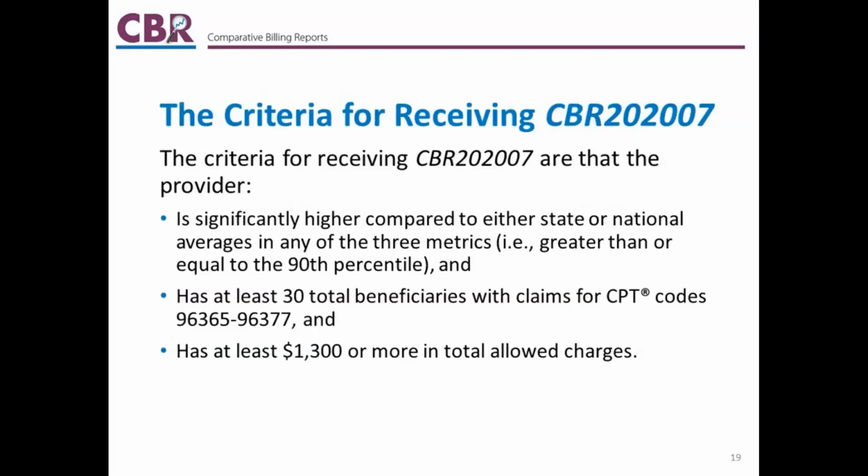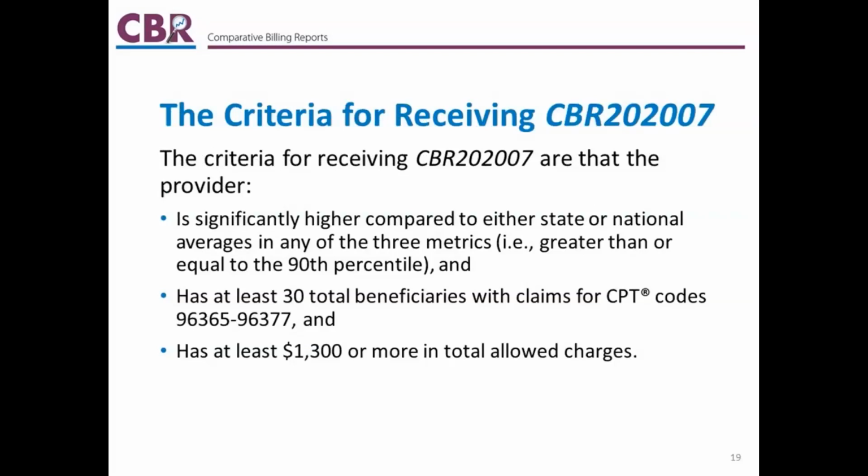Looking at the metrics and their role in the CBR topic helps us to understand the criteria for receiving a CBR 202007. Using all of the data and research, the CBR team created criteria to select the providers who will receive a CBR 202007.